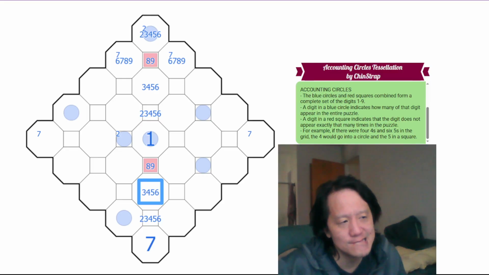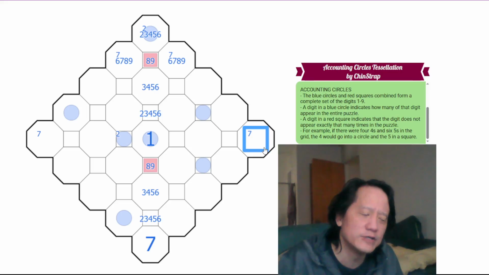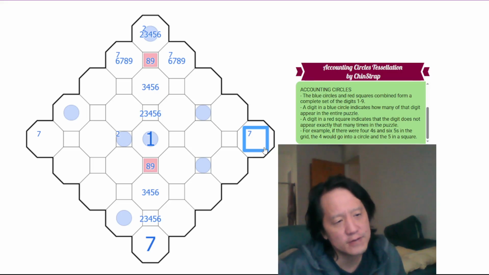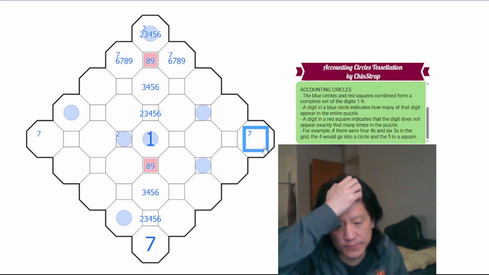So the 1 is in the middle, so we don't have to worry about that. But the thing is, the 2 could be in the corners, so we don't even necessarily have. We're guaranteed 2 of each digit.